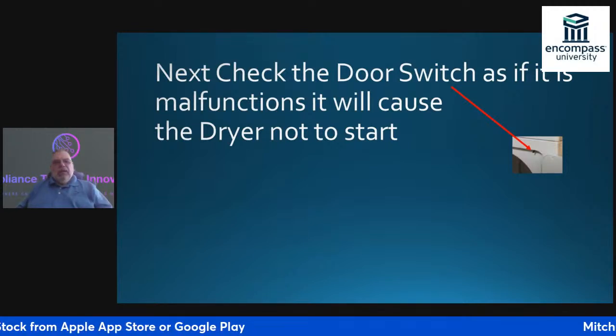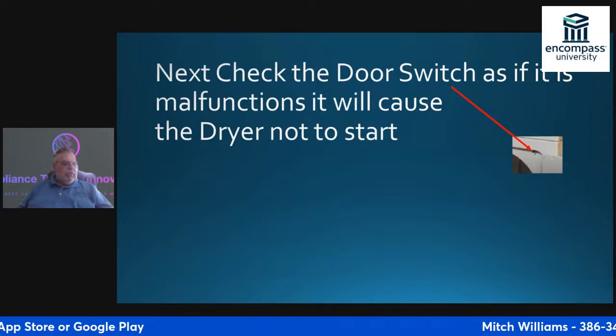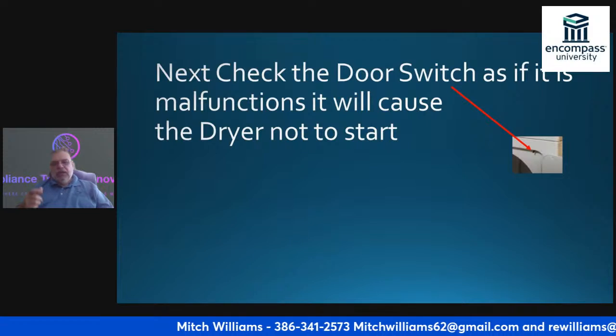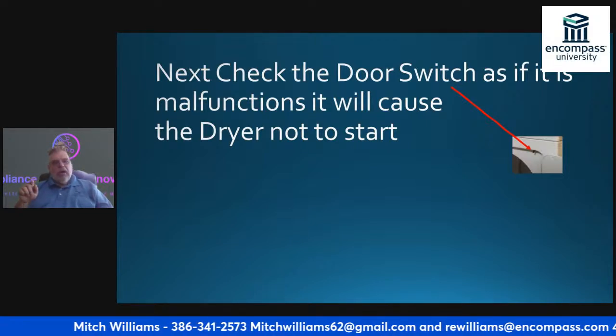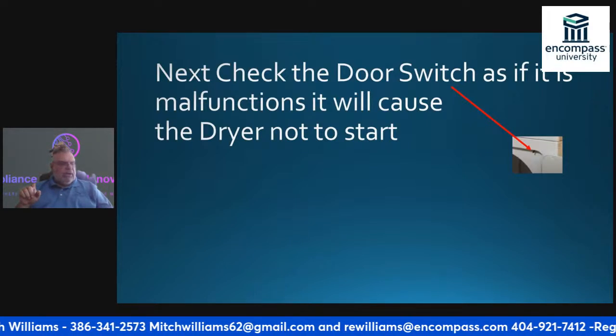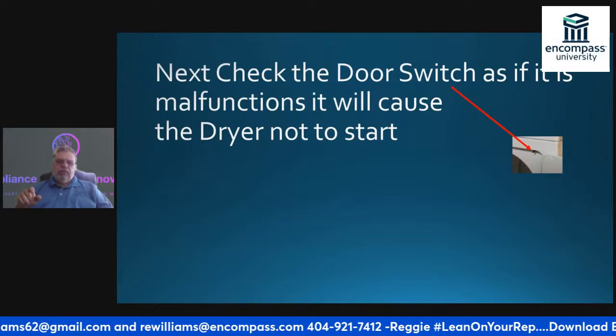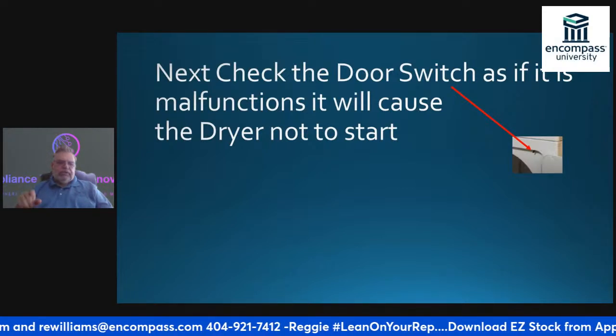I have to make sure that the door switch is actually functioning properly. Normally, you can just open the door and click the switch. Usually you can hear that, but does it always work that if the switch clicks, it's good?